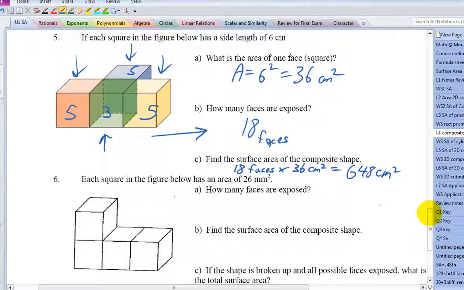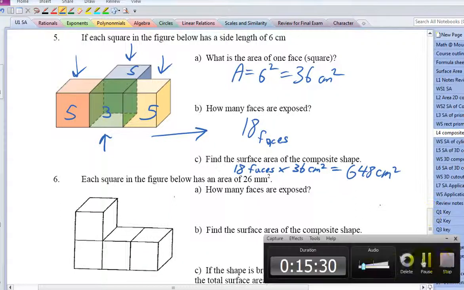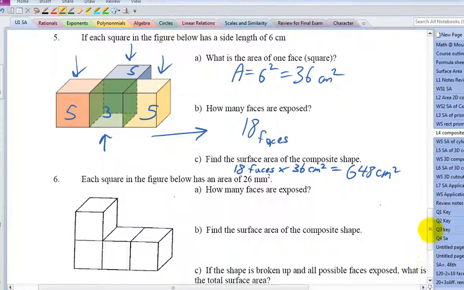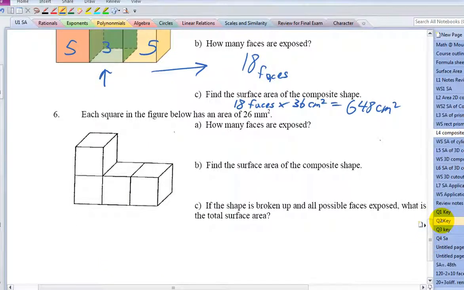Read the next question. Underline the stuff that's different. Just read it and underline what's different. So what's different now is I tell you the area of the face, right? Each square has an area of 26 millimeters squared. So it's actually saving you a step there. Okay, go ahead, finish it off. Go.